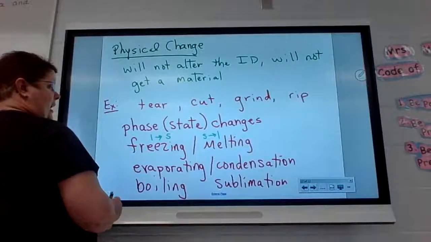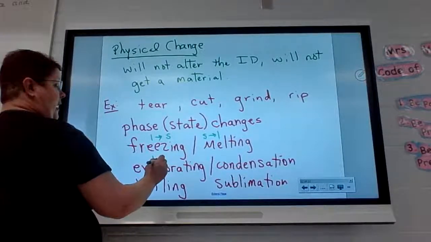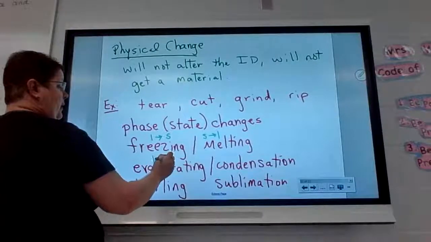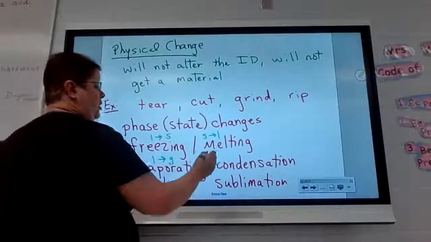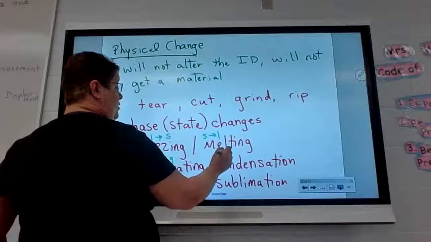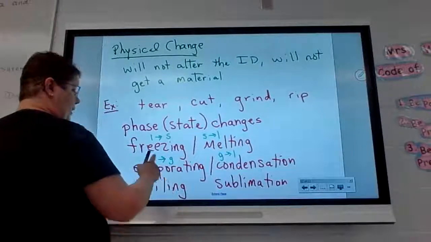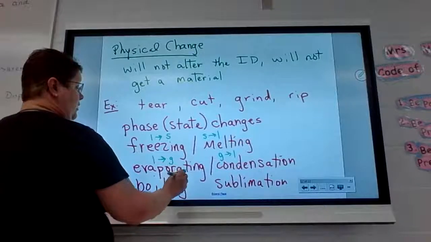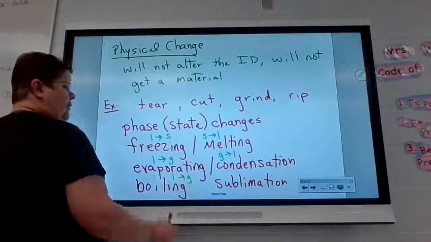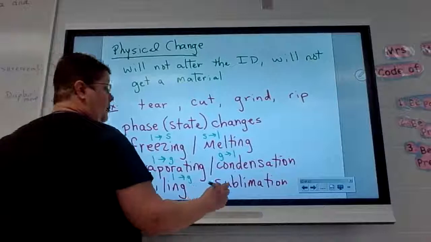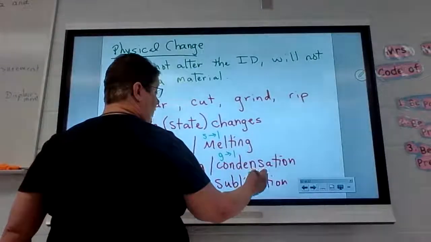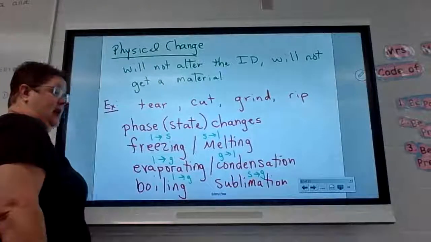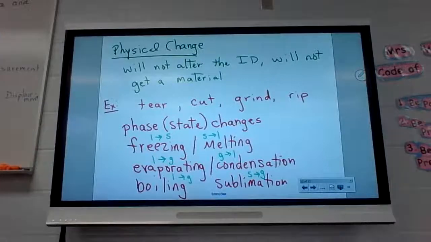Evaporating starts as a liquid and goes to a gas. Condensation starts as a gas and goes to a liquid, and boiling is the same as evaporating, liquid to gas. Sublimation starts as a solid and goes directly to a gas, and I will teach that one down the road.